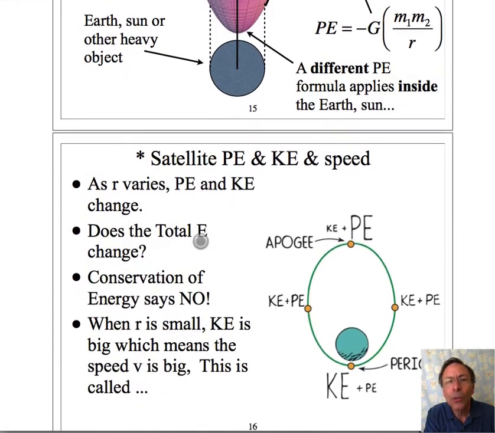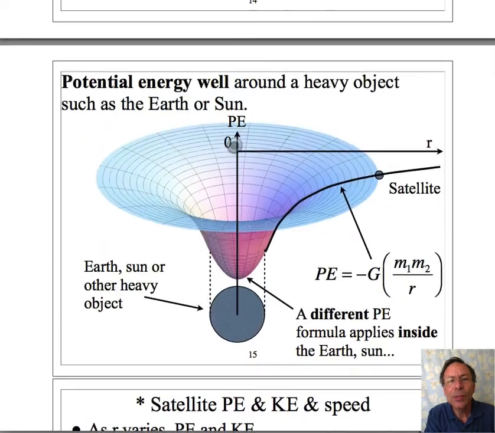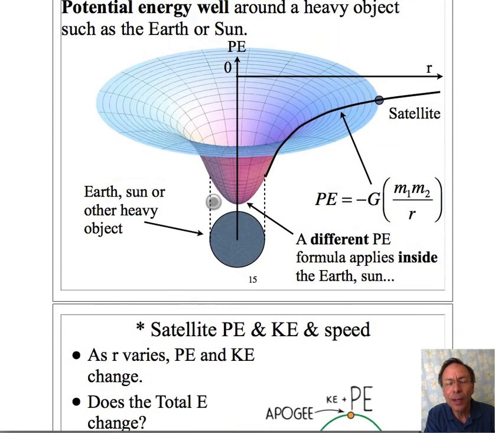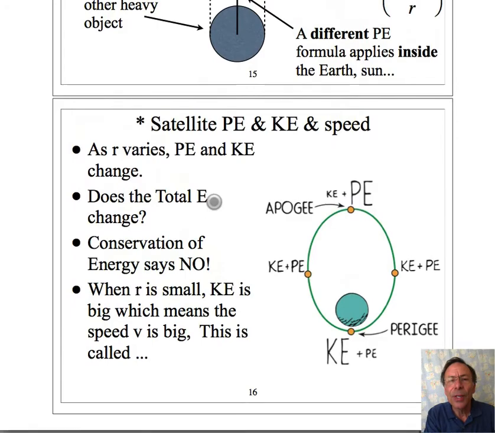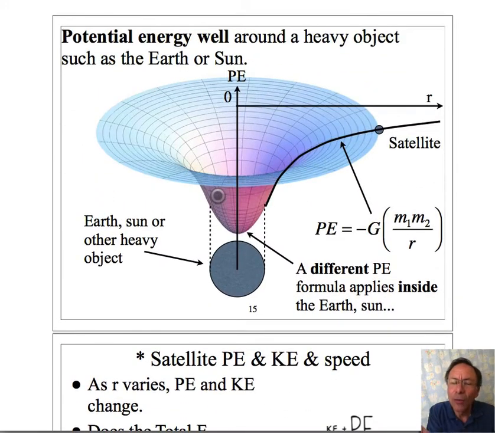Okay, so now this graph has consequences. You see, there's the law of conservation of energy. So let's suppose that a satellite has an elliptical orbit, right? So the satellite goes like this, and then it goes down deep into the well, and then it goes back up like this. Because of the law of conservation of energy, the total mechanical energy has to stay the same.